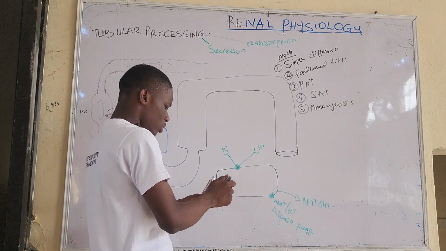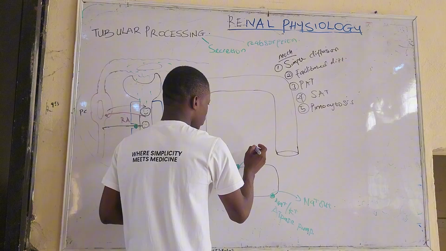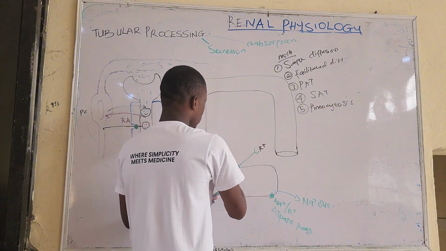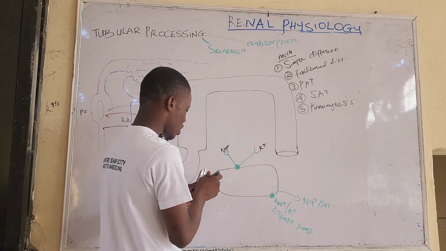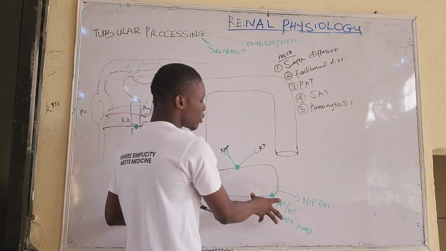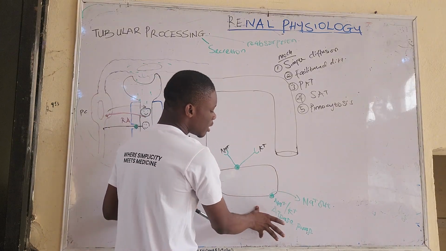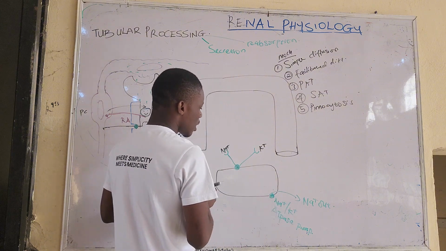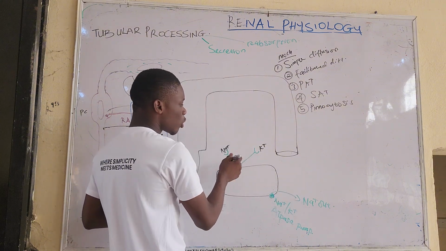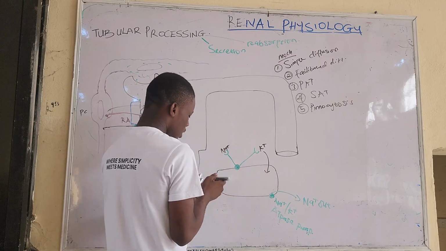Let's just use this to be sodium and potassium. This is sodium, this is potassium. Let's just use normal RMP values to explain what I'm trying to say. So now this is the sodium potassium ATPase pump. It has used ATP. It has pumped sodium out. As it has pumped sodium out, what is going to be coming in? Potassium will be coming in.